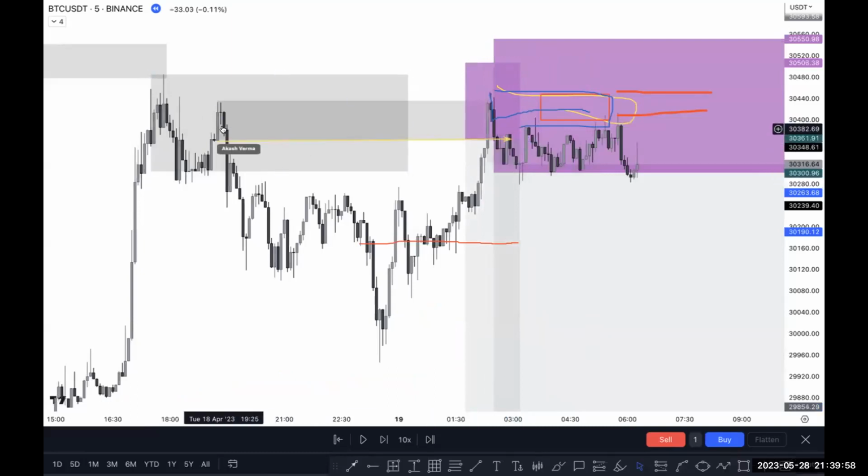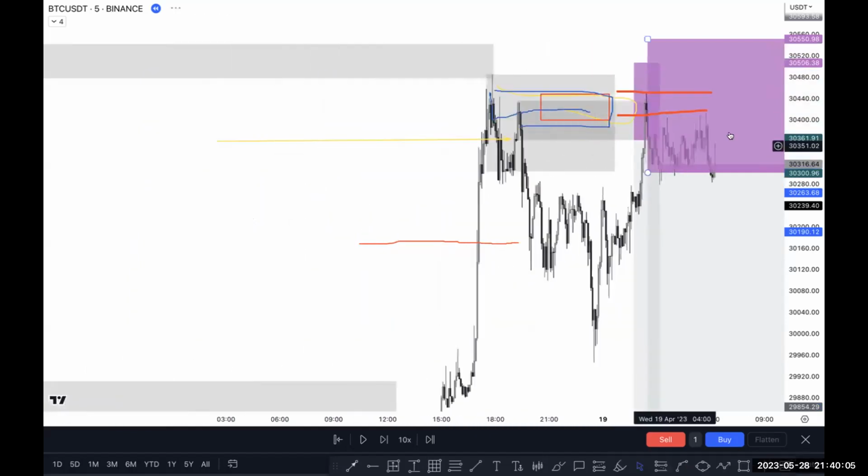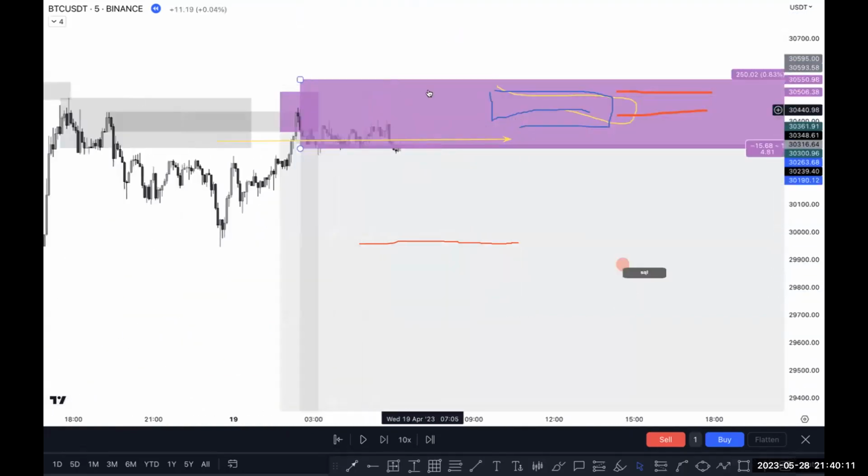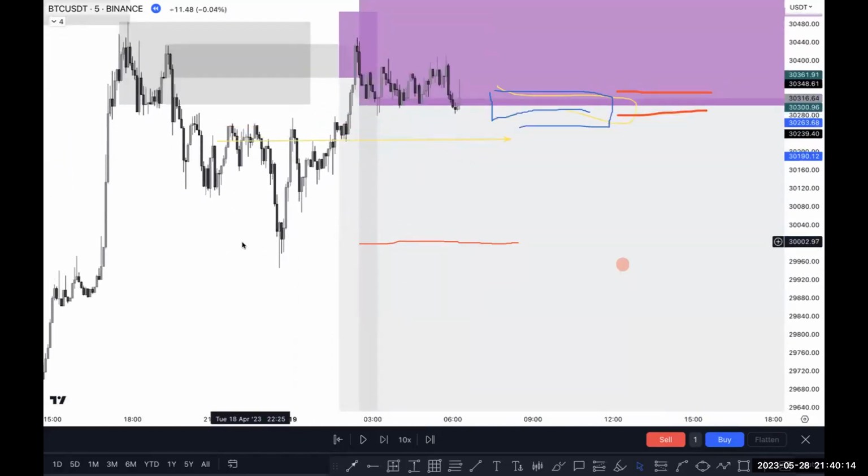Why? Because this is extreme. Only one PY, unmitigated PY between this 1 hour single candle order block. Okay. And you have to put the target just below it here. Exactly. This is correct.